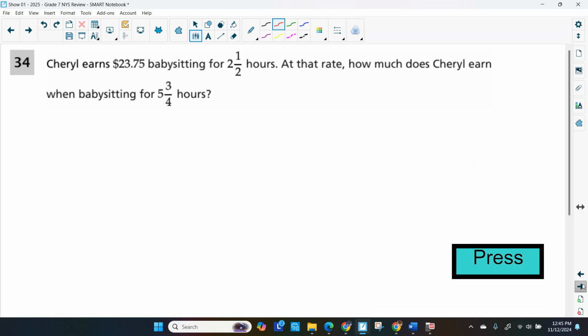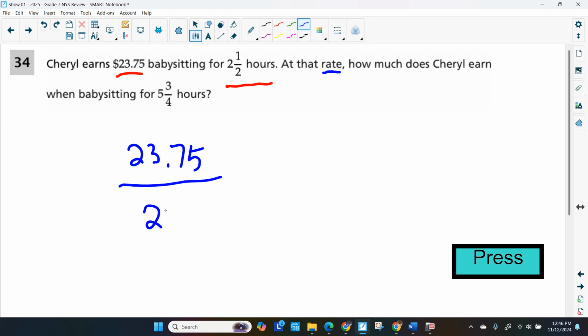Cheryl earns $23.75 babysitting for 2 hours and a half. At that rate, that's the magic word. There's a fraction there going on. What's the fraction? We should know. So let's go back because there's a comma. 23.75 over 2.5.